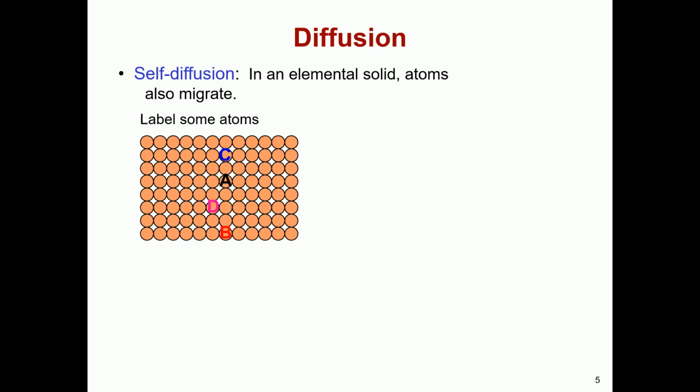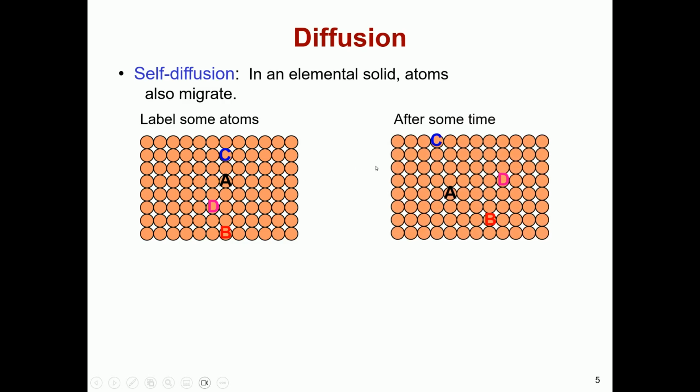Now let's examine self-diffusion: diffusion in a pure element containing only one type of atom. When we label individual atoms A, B, C, D like this, and then observe them over time, you will see they move to different positions like this. This reveals an important insight.